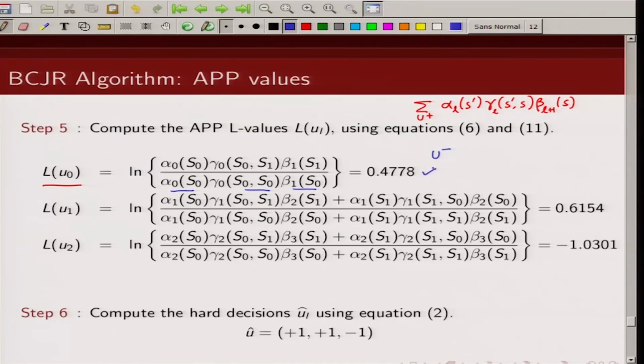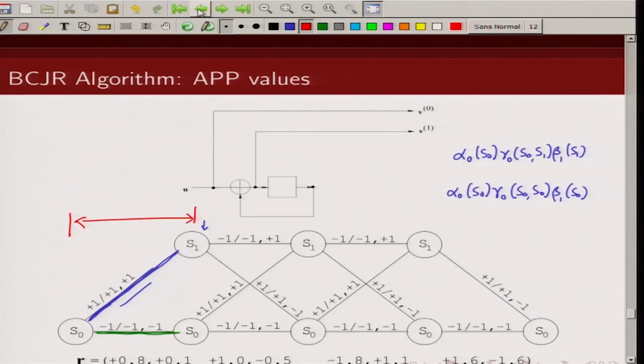Now, let us take another example, the second time instance. We are interested in estimating our information bit at this time instance. Now, what are the transitions corresponding to the information sequence UL being plus 1?